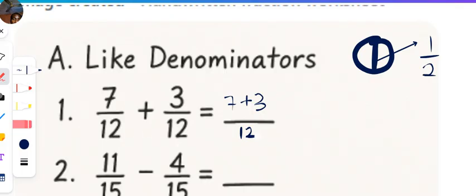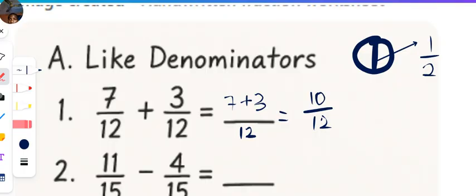So I pick one of them, which is 12. I write it down. Then I add the numbers up. 7 plus 3, that's 10 all over 12. So that's what you get.